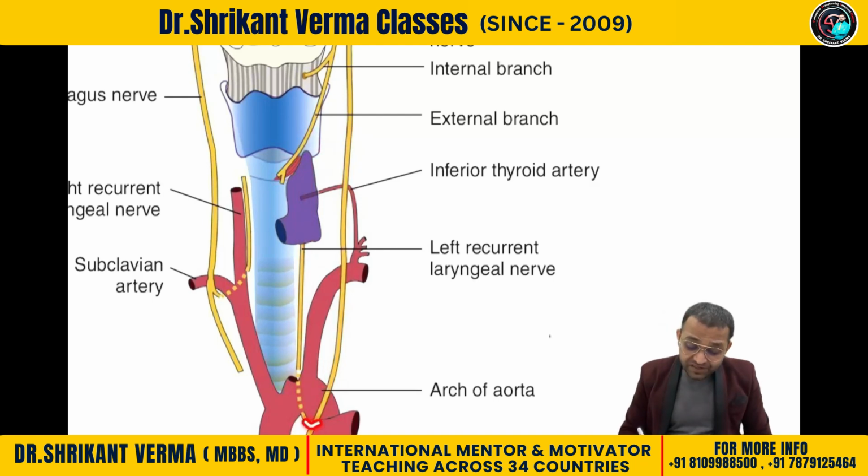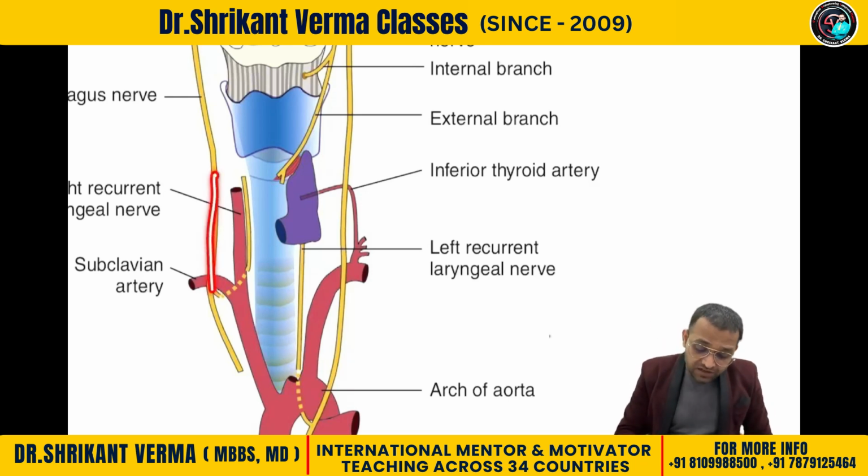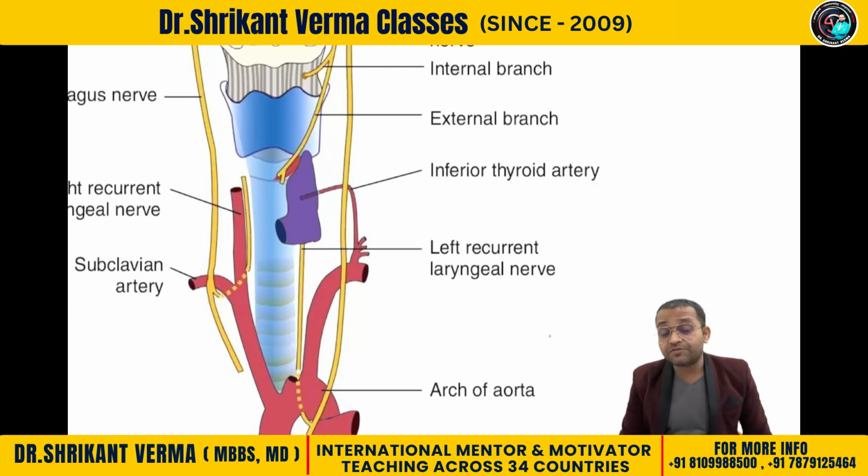Remember, the left recurrent laryngeal nerve hooks the arch of aorta, better to say the ductus arteriosus, the ligamentum arteriosum, which is the remnant of the left sixth pharyngeal arch artery. While on the right side, the right recurrent laryngeal nerve hooks the right sixth pharyngeal arch artery, better to say right sixth arch, because it is on the right side.